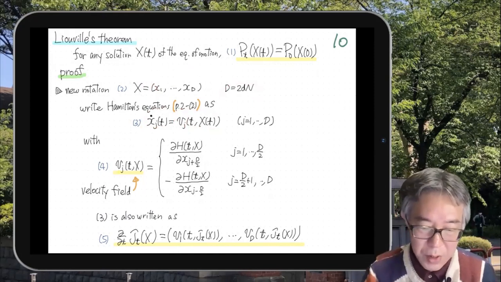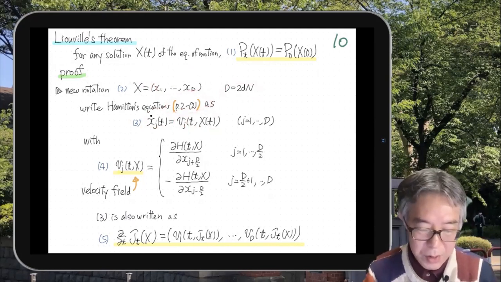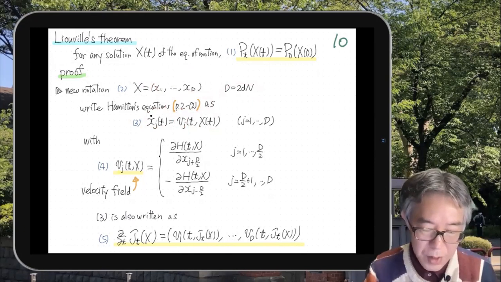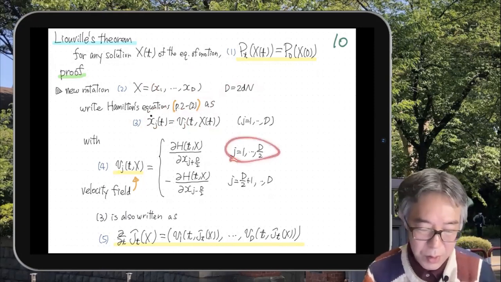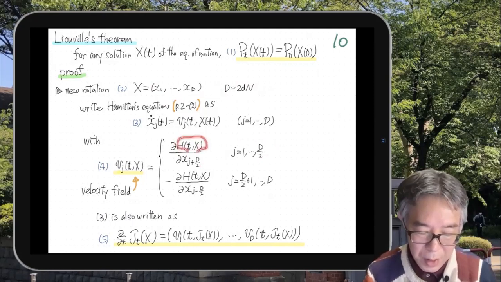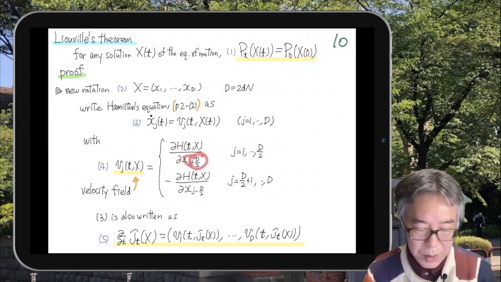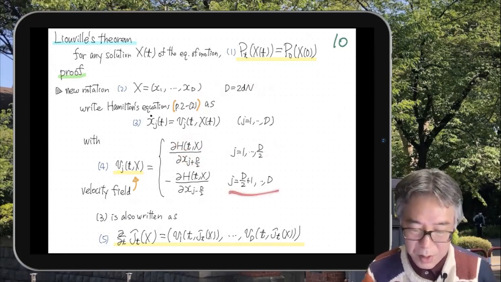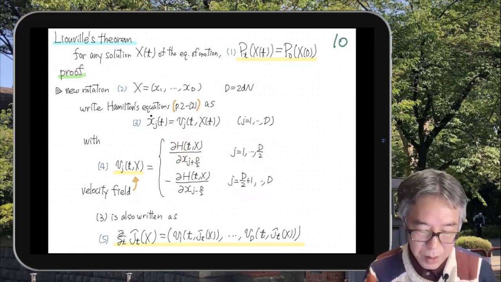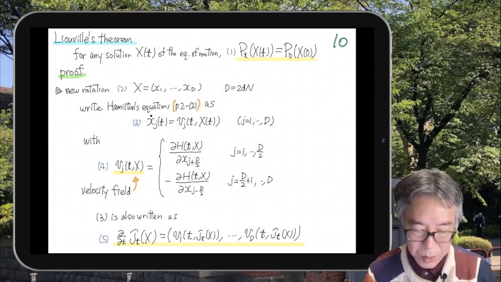If you recall Hamilton's equation, it's a bit complicated quantity. v_j, for the case where x_j is position, is given by the partial differentiation of the Hamiltonian H with respect to momentum. So in this case, you add d over 2, and this gives you the corresponding momentum. And when j is in the latter half, then x_j denotes momenta.